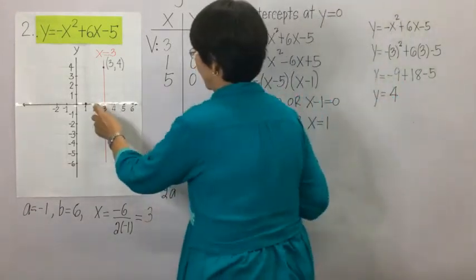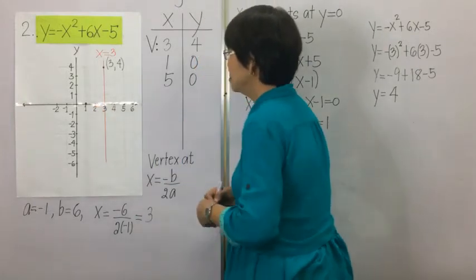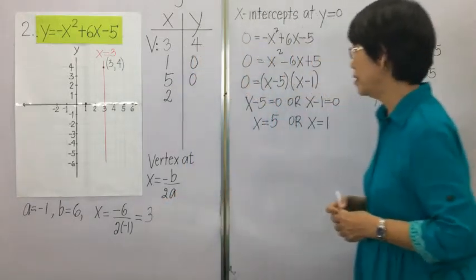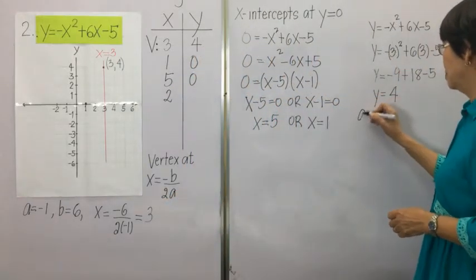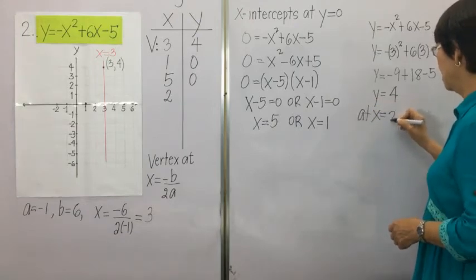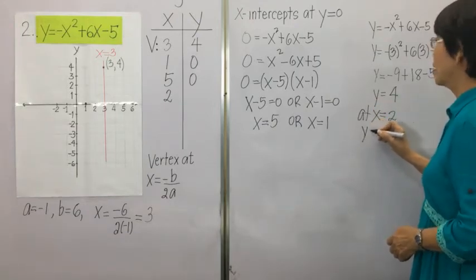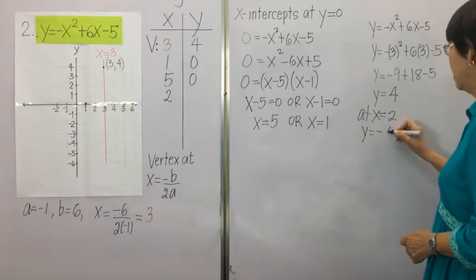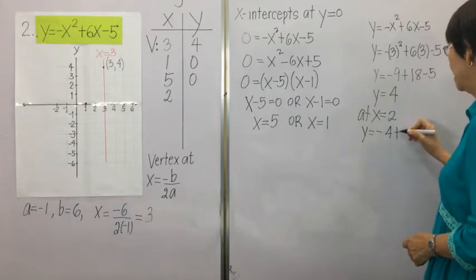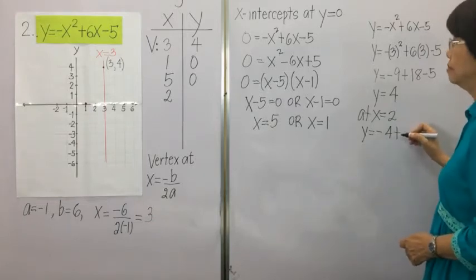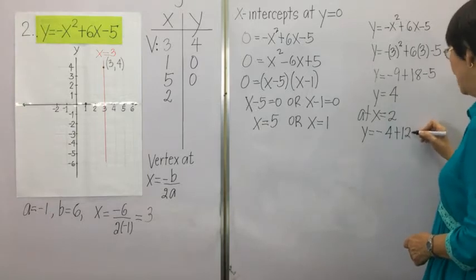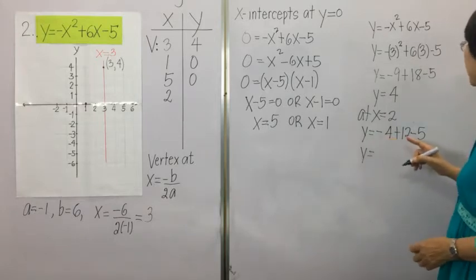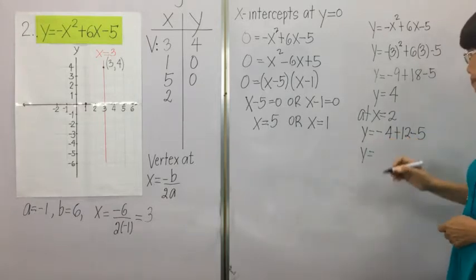We can look for the value at x is equal to 2. Then we solve for y at x is equal to 2. Y is equal to negative 2 squared, 4, plus 6 times 2, 12, minus 5. So y is equal to 12 minus 9.